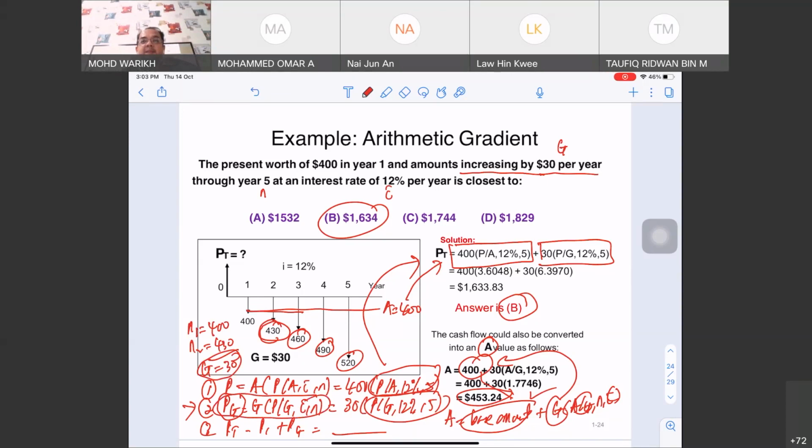The next question: the cash flow could also be converted into an A value. The A value is for what?